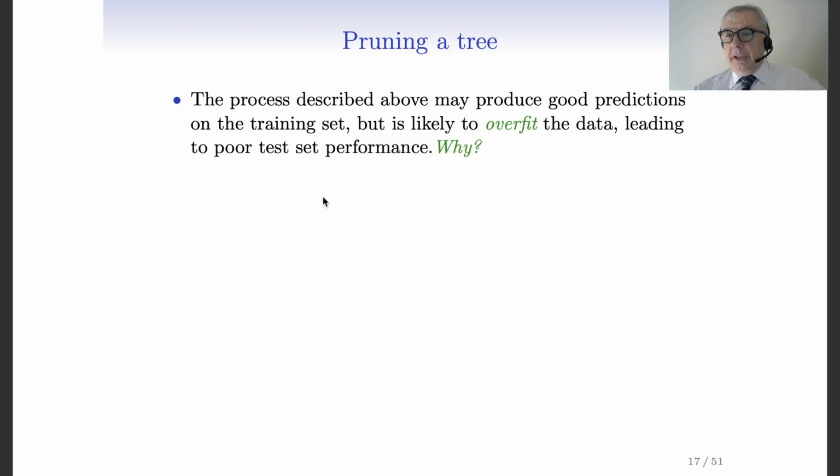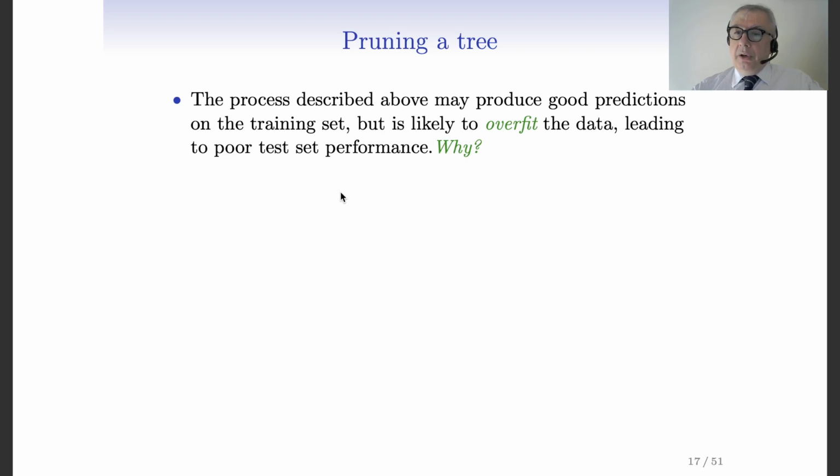This is quite natural, because if you don't have a stopping rule, the leaves of your tree will grow in number, and eventually you will be able to follow quite closely your training data. And you know that if you follow the training data too closely, then you're going to learn the noise. So this is the usual problem we already know.